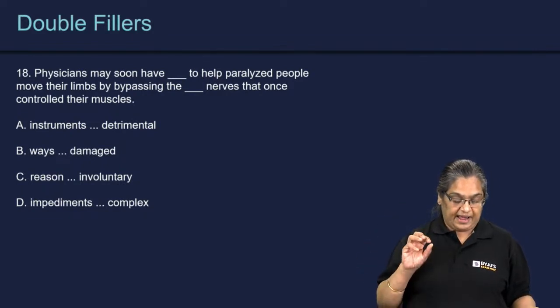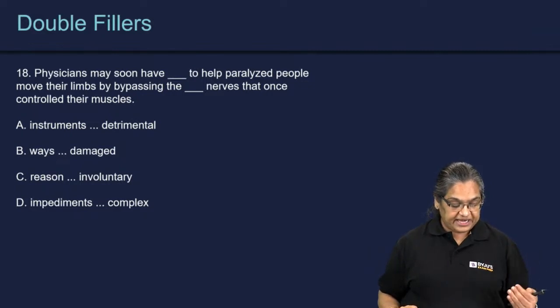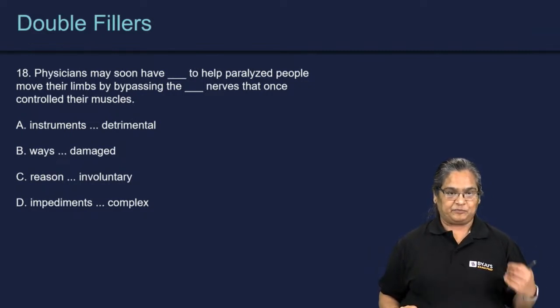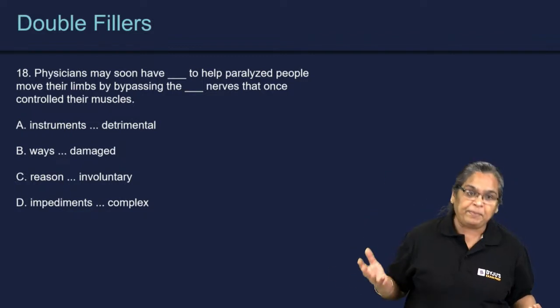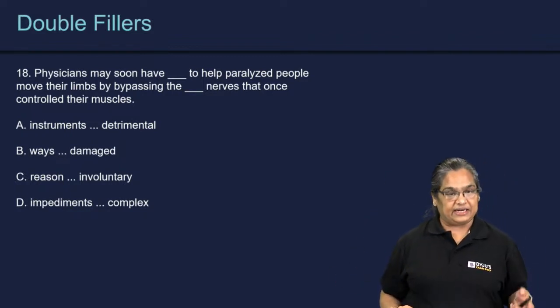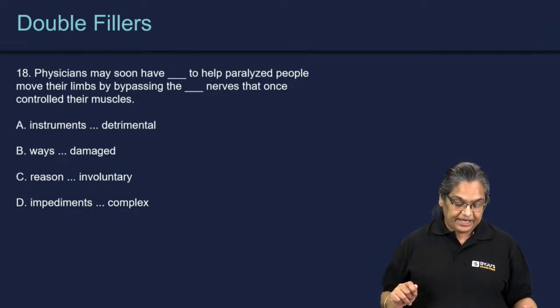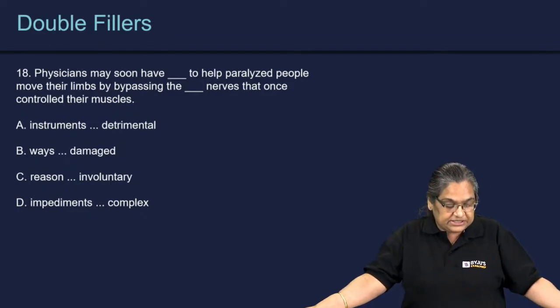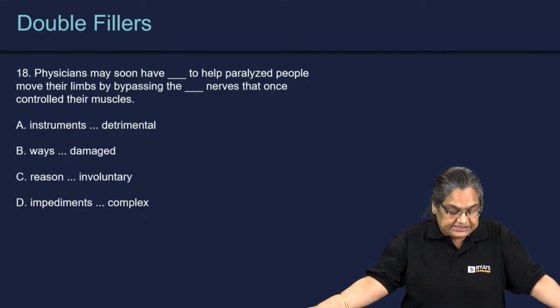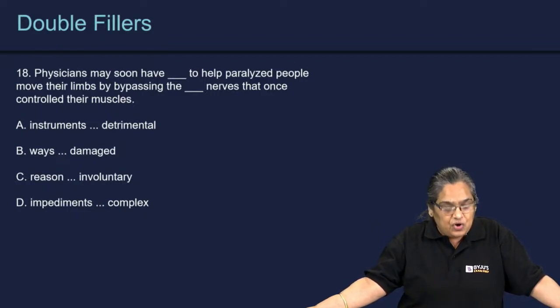Physicians may soon have instruments, ways, reason, impediments, which will help paralyzed people move their limbs by bypassing the detrimental nerves, damaged nerves, involuntary nerves, or complex nerves that once controlled their muscles. They have a way, they have instruments, they have reasons, or they have impediments to help paralyzed people. They may soon have what?